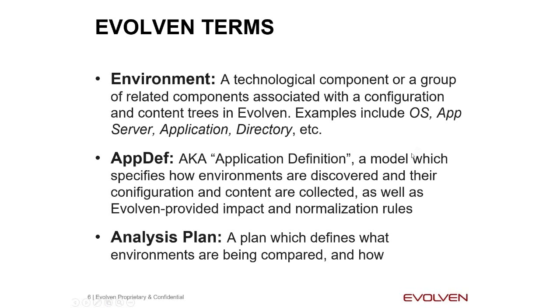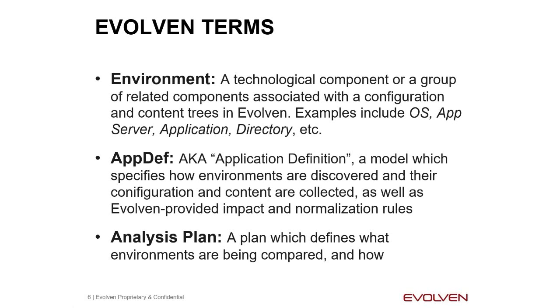Okay, so first let's cover a few terms that hopefully should be familiar to you in Evolven. The first one is an environment. Environment is one of these overloaded terms that gets used in a lot of different ways, in different products and different contexts in IT. When we talk about environment, we're talking specifically about a technological component or group of components with a configuration and content in Evolven.